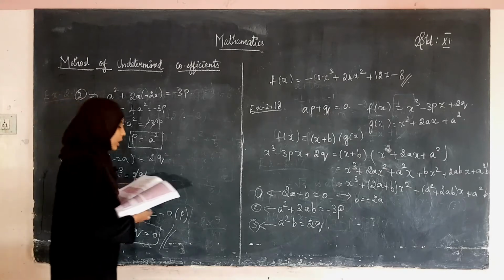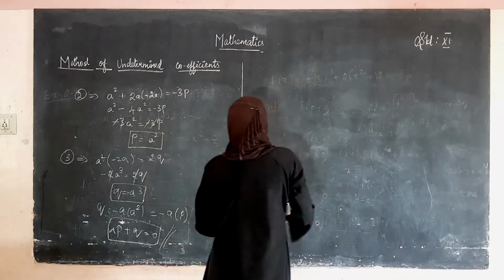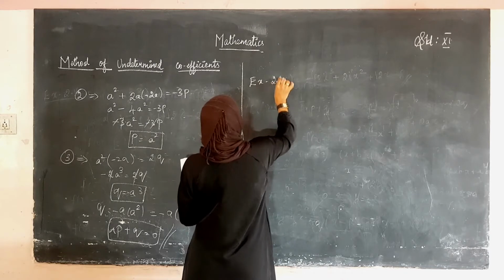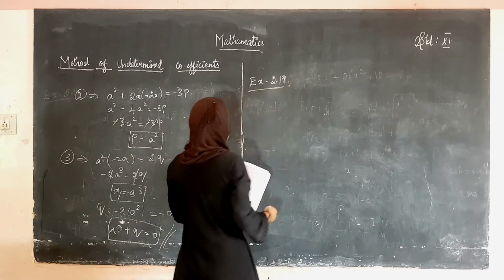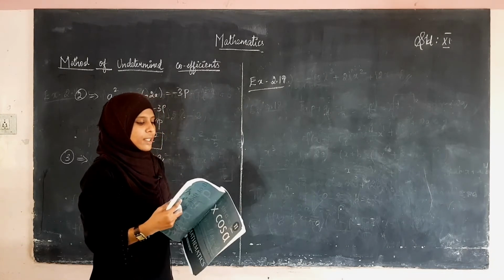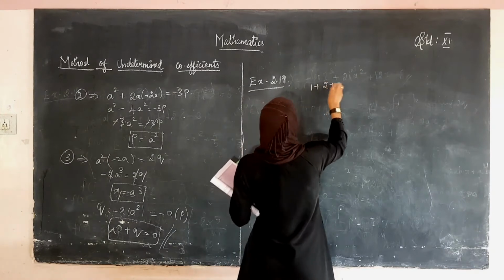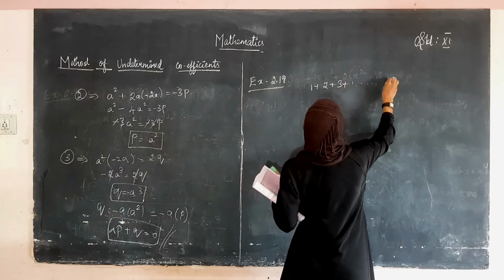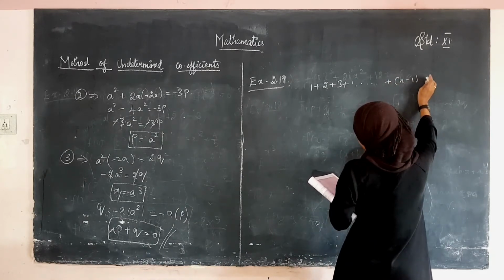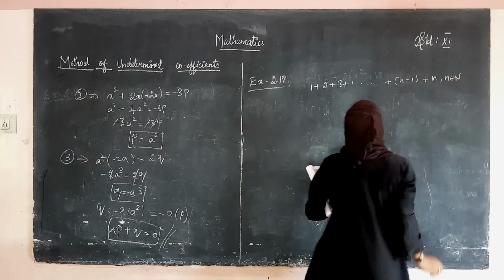Okay. Now, the next sum. So, example 2.19. What they have given, use the method of undetermined coefficients to find the sum of 1 plus 2 plus 3 plus etc. plus n minus 1 plus n, where n are the natural numbers.